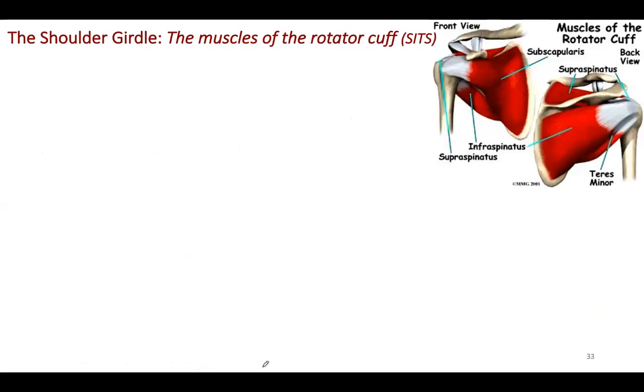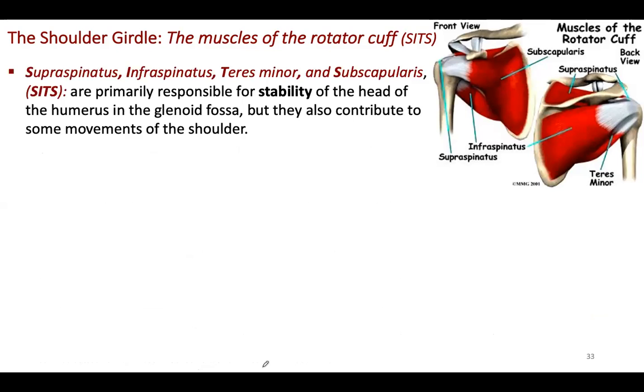So let's talk now about the 4 muscles of the rotator cuff, and if we use their initials, it's going to give us the word SITS. So they are supraspinatus, infraspinatus, teres minor, and subscapularis. These 4 muscles are primarily responsible for stability of the head of humerus in the glenoid fossa, but they also contribute to some movements of the shoulder.